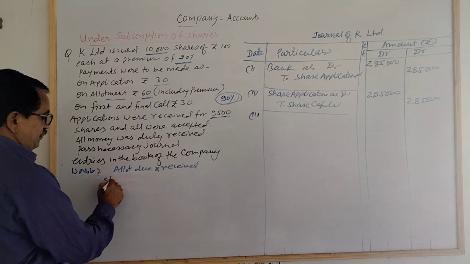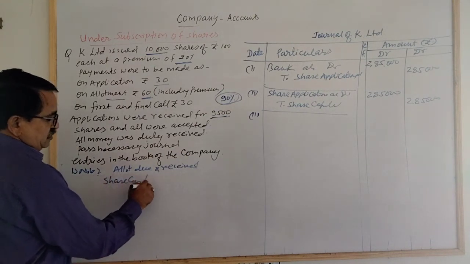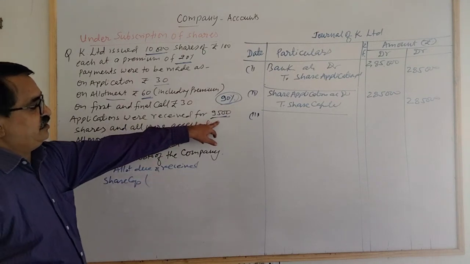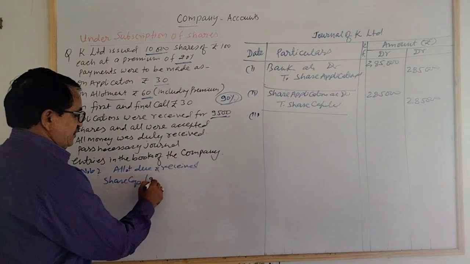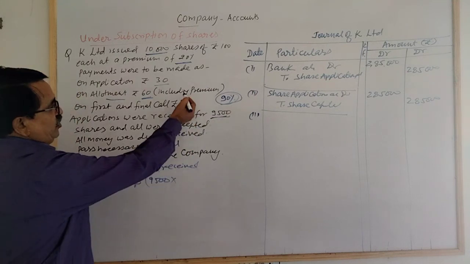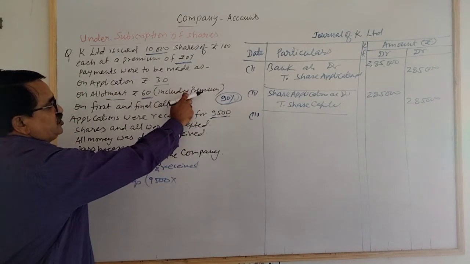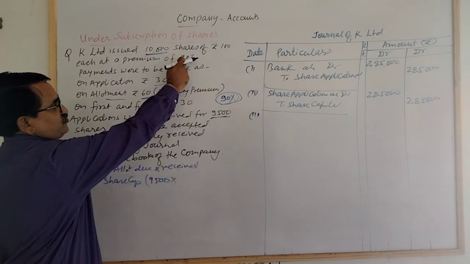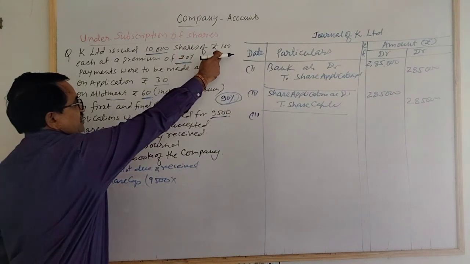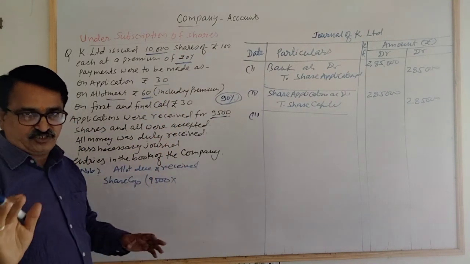Students, we received applications for 9,500 shares. Allotment is ₹60 including premium. What is the amount of premium? 20% of 100 is ₹20.